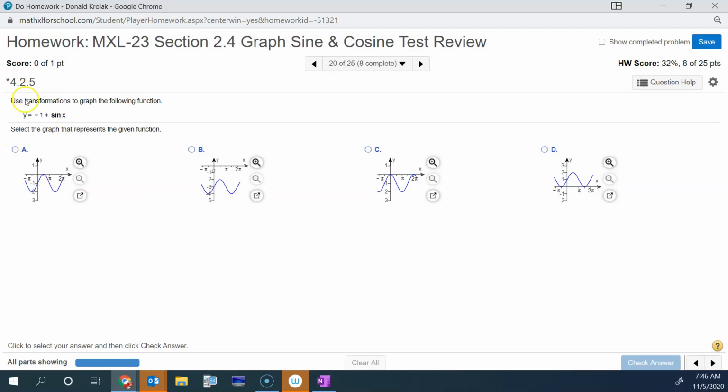All right, negative 1 plus sine. What's that going to do to the function? The negative 1 plus sine.